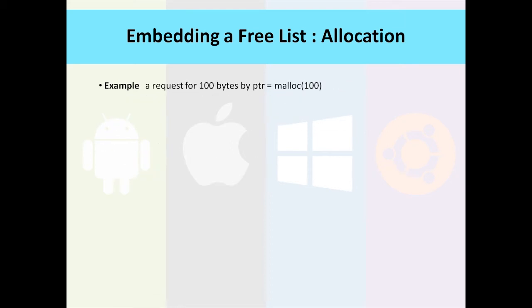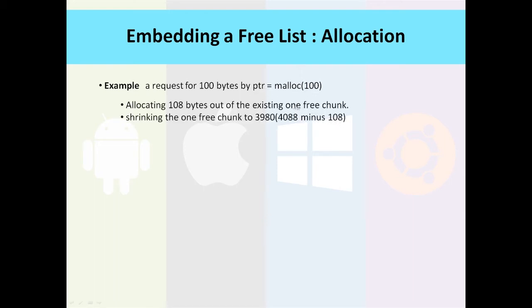So I think an example will help with explaining how allocation is performed. In this example, we have a request for 100 bytes, requested using code like a pointer equals malloc(100). This is the process of what would happen, and I'll demonstrate with a little figure afterwards.